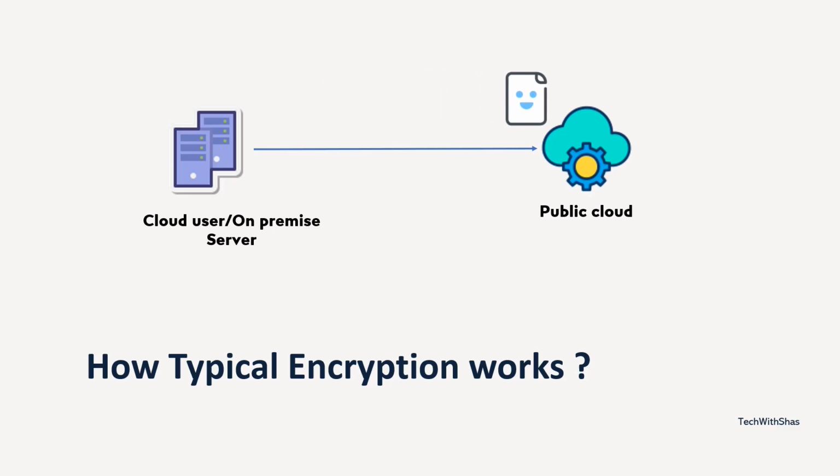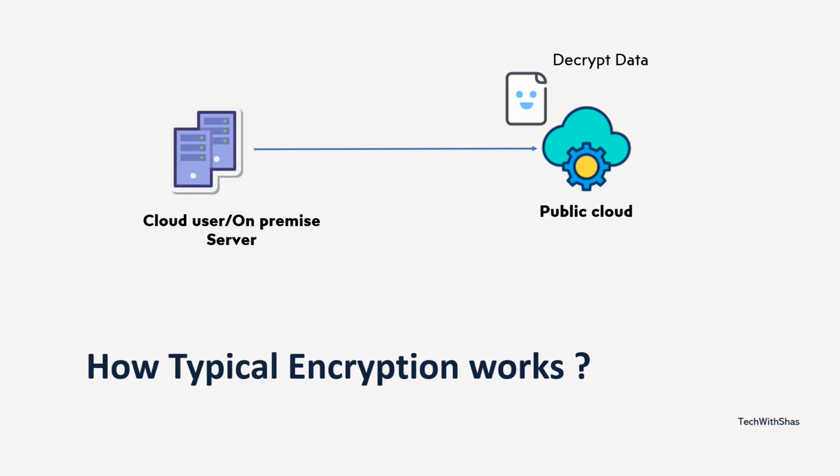Now at the public cloud, the data can be stored as encrypted, but it won't be much helpful, because unless you decrypt it, you cannot process it. So we have to decrypt that data and then process it. But the same risk is there: suppose the public cloud gets hacked or somebody intentionally breaks into the cloud servers, then the data is at risk.